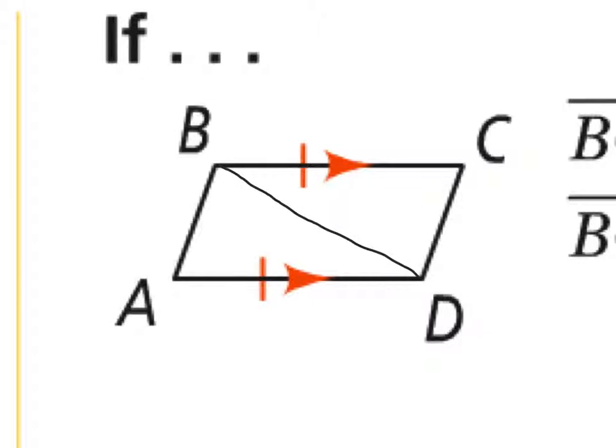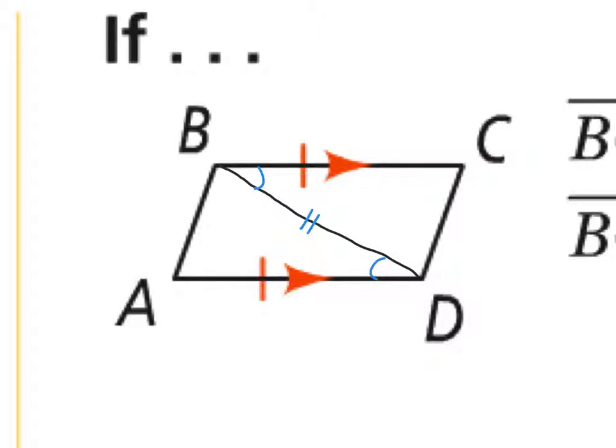So if I draw in a diagonal here, since I have parallel lines, I have alternate interior angles that are congruent. Okay? And I have congruent segments, BC and line segment AD. They're congruent, and I can also say that this diagonal is congruent to itself by the reflexive property, giving me congruent triangles according to side angle side.